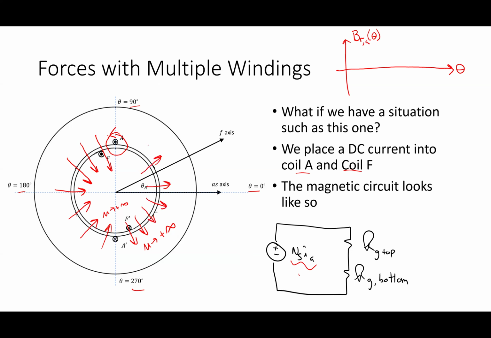So from 90 degrees going around to 270 degrees, my field is going in the negative radial direction. This would be 90, this would be 270. And then from 270 over to 90, it's going in the positive radial direction.